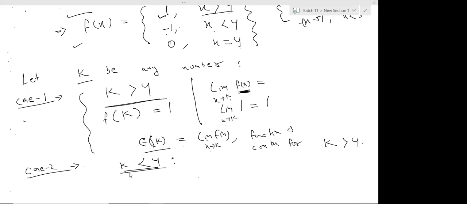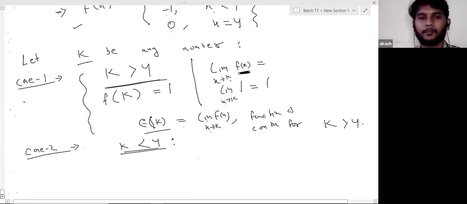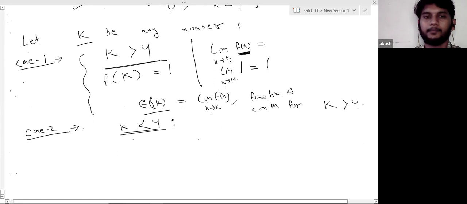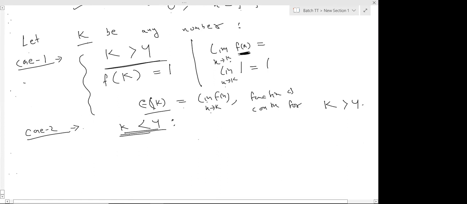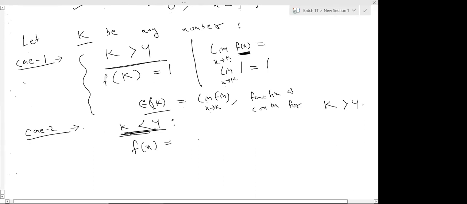Has anyone solved it? Yes, sir. All right. Kinza, Aman. No, sir. When k is less than 4, what is f of x? -1.